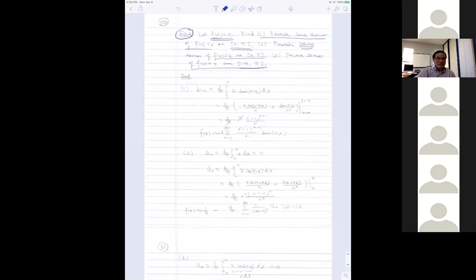Just try to work this out by yourself and then look at what I am doing here, to see whether you can follow. I may ask some of you to explain and tell me whether you understand my computation. Okay, try to work on this by yourself first.